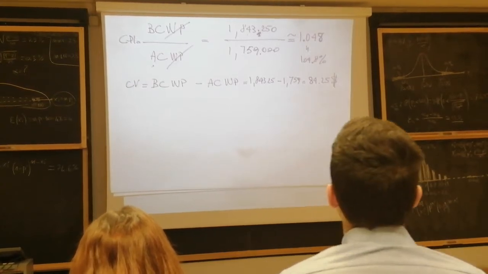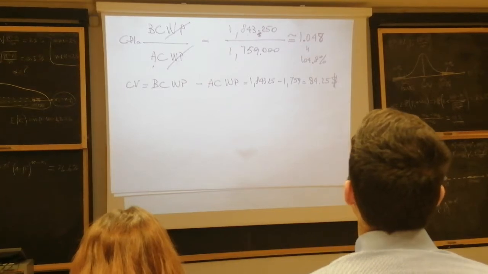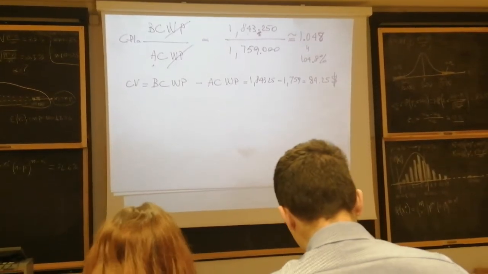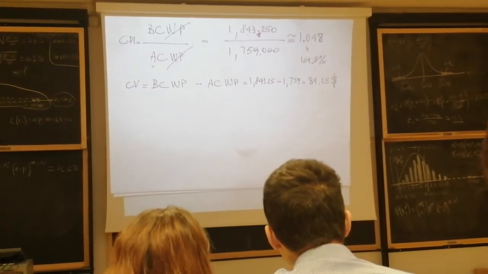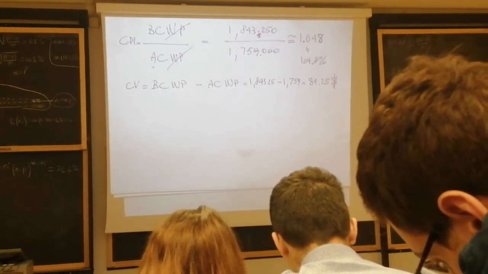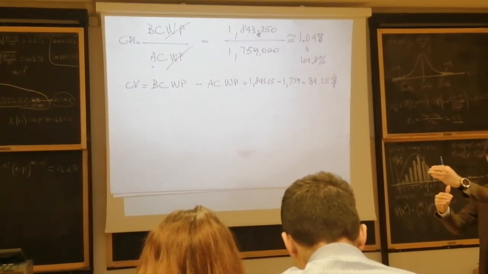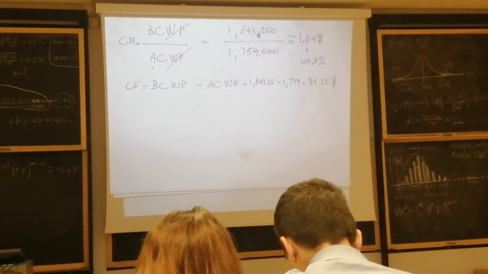How do you know we're saving money? I know we're saving 4.8% because the cost performance index is greater than 1. Our target is to make the project equal to 1 in performance, but we're outperforming. We're performing much better than expected.